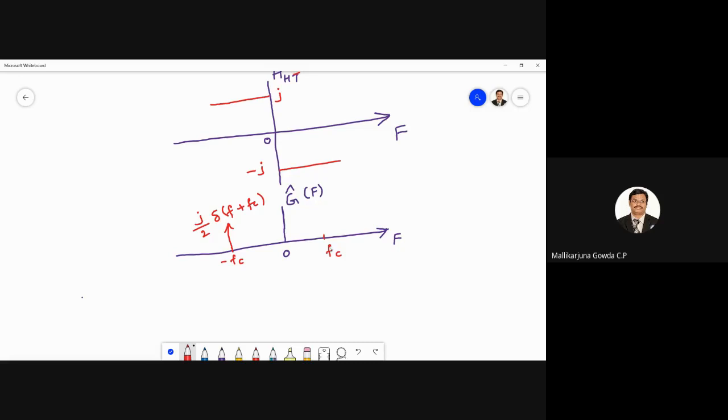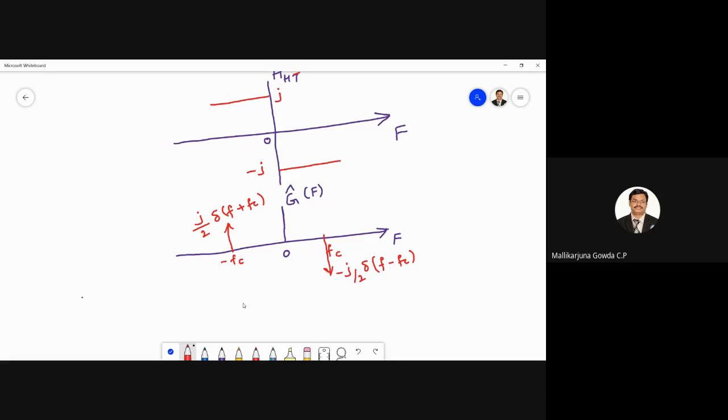At fc it will be minus j by 2, so I will be writing an impulse function downward, that is minus j by 2 into del of f minus fc. Just I multiplied those two, so now its magnitude has become j by 2 into del of f plus fc, and the other is minus j by 2 into del of f minus fc.